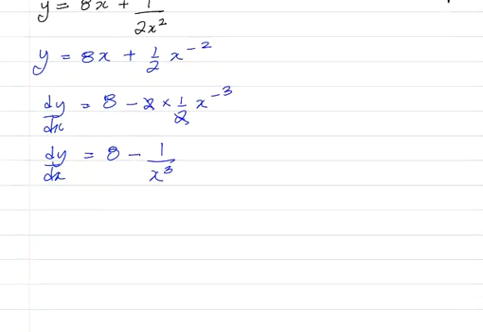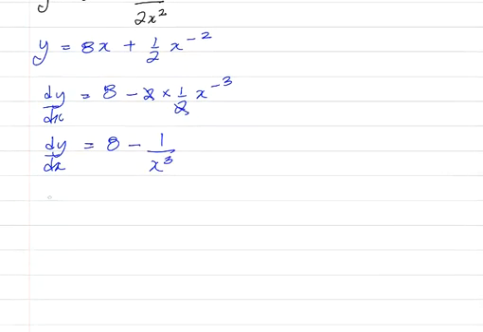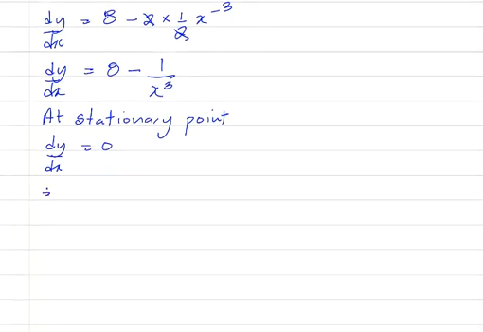Now at the stationary point, dy by dx is equal to 0. Therefore, 8 minus 1 over x cubed is equal to 0.